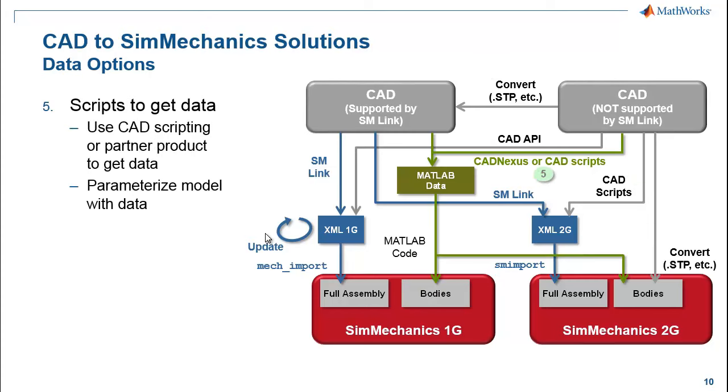The last option I want to present today is creation of MATLAB data using CAD scripting, which commonly comes along with a third-party tool involved. With that option, you have a very comfortable creation of MATLAB data, parameterized your model, and it's straightforward to bring that MATLAB data into either SimMechanics 1G or SimMechanics 2G.